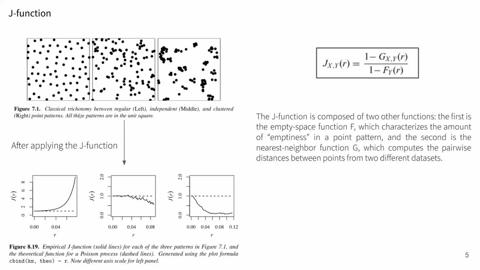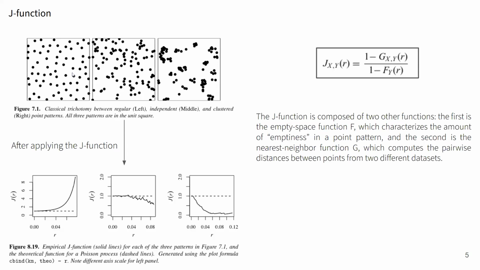Let's take into account three different patterns of points. Let's say that each point repels the others. Another case will be a pattern of points that is totally homogeneous in space. And the other one will be that the points are clustered. When we apply the J function, it will compute whether the pattern is more clustered or not.